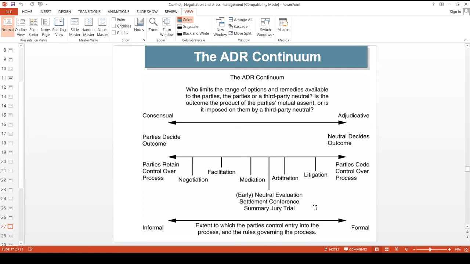Whenever we go towards the more formal process, it will be more adjudicative in nature. Adjudicative means that there may or may not be consensus, but that decision will be binding on all of the parties, whether they have consensus or not.